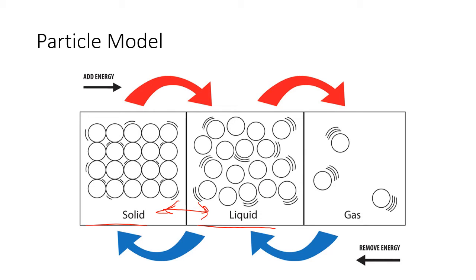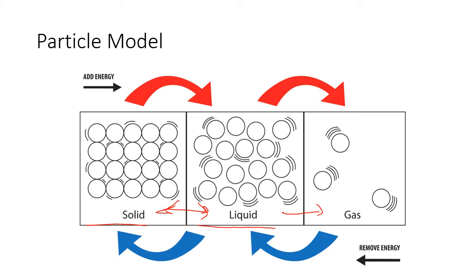So all of these diagrams I looked for better ones when I was looking online. All of these diagrams are the same. They all show the atoms in the liquid, or the molecules in the liquid, being spaced further apart than they are in the solid, and that just is not true. And then when we go to gas, there's a dramatic change, a huge change. The gas molecules are really widely spaced compared to the liquid molecules.